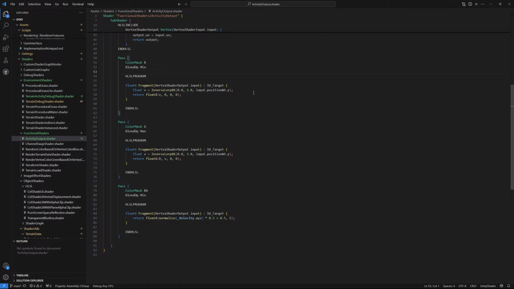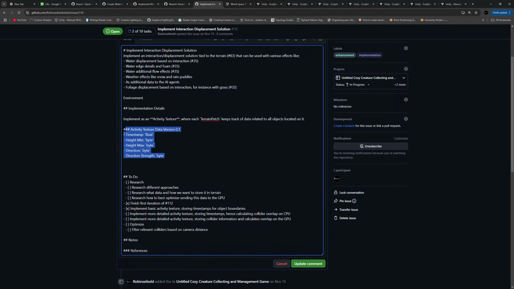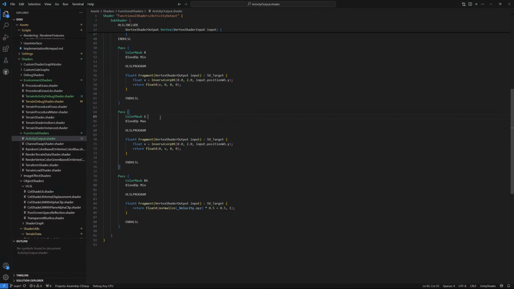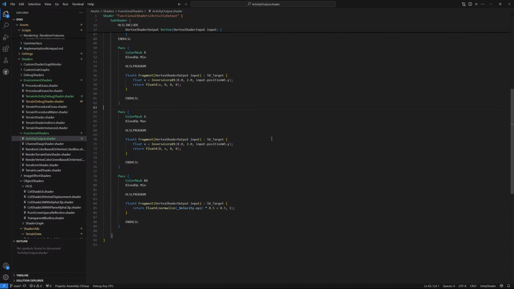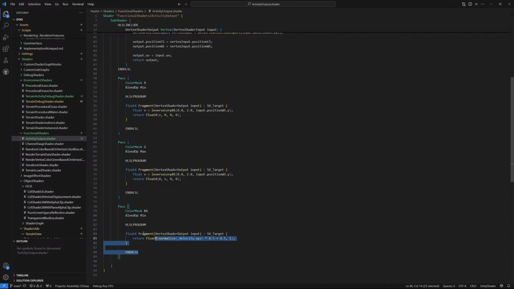We would have to reset the texture between each frame, but that's okay. Height max, we would just do it like this. Height min, we would just do it like this. Direction and strength, we would pretty much just do it like this.